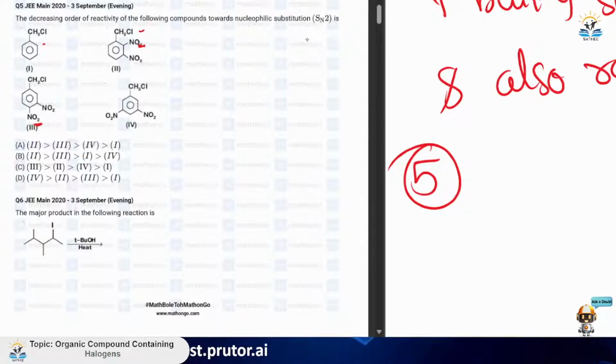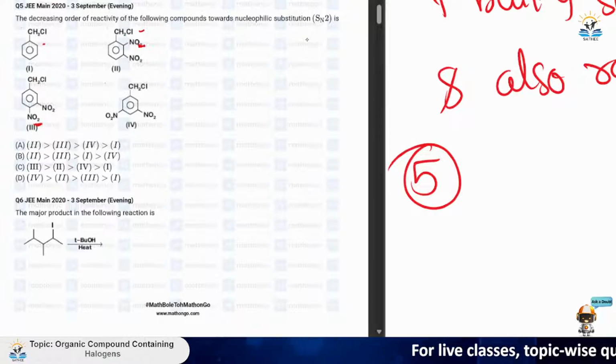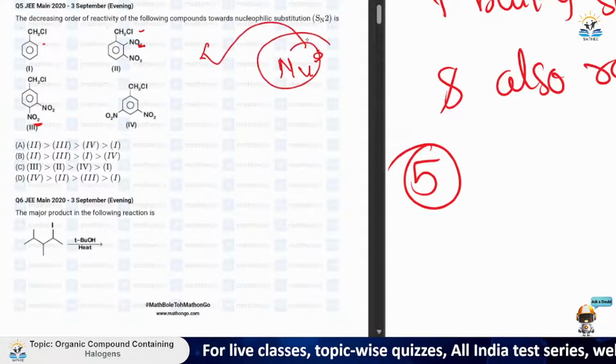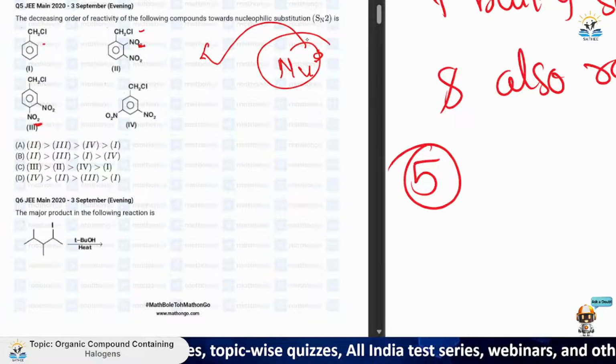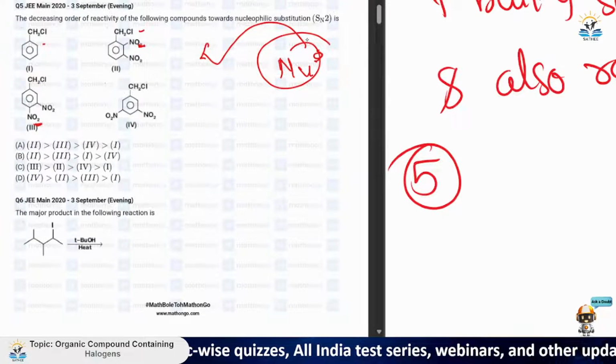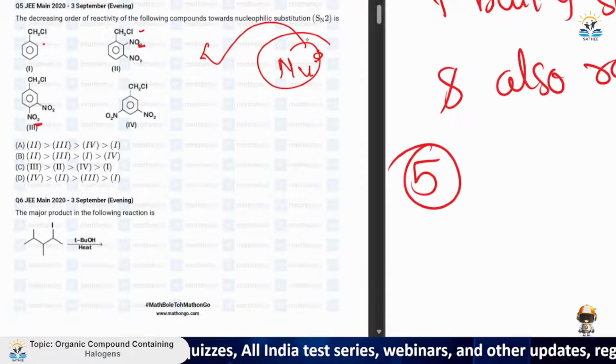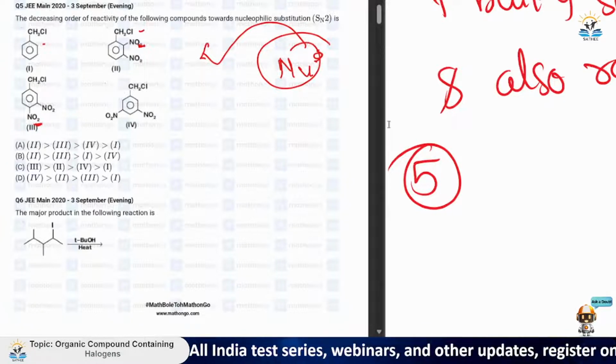The compound containing ortho and para NO2 groups deactivates the benzene ring and makes the carbon attached to the ring more electrophilic. For the incoming nucleophile to give SN2 reaction, as it is asked SN2 only, the rate of SN2 reaction decreases as the hindrance increases.